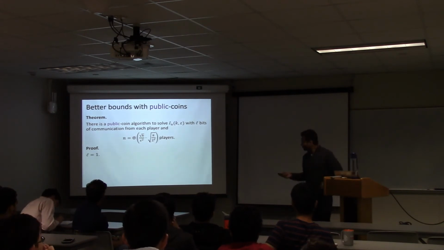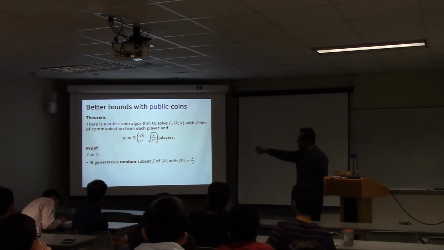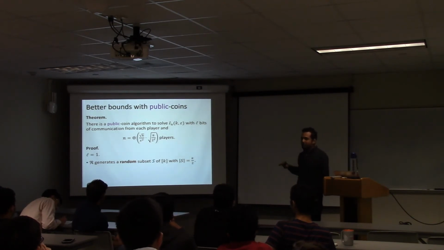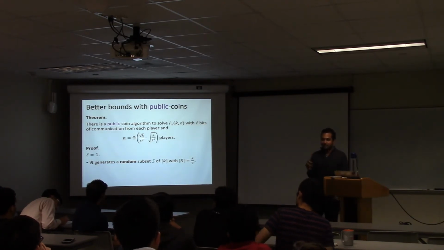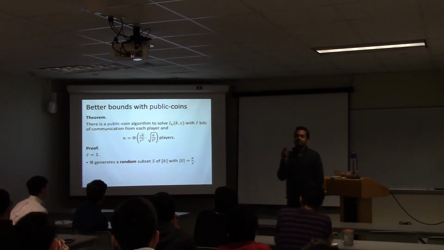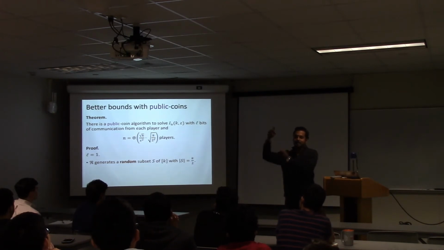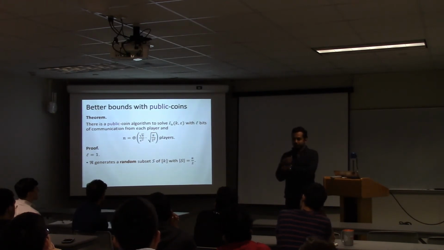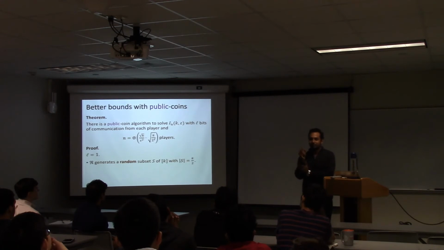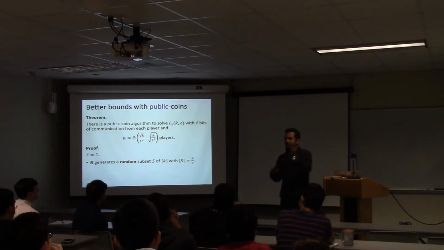Okay. So here is the scheme. This is the second scheme we came up with. The first one was more complicated. For one bit, here is a very simple algorithm. The referee is going to generate a random subset of size exactly k over 2. That's the public randomness. The goal of all of these players is to decide whether P is the uniform distribution or far from uniform.